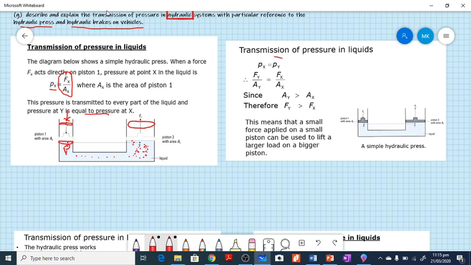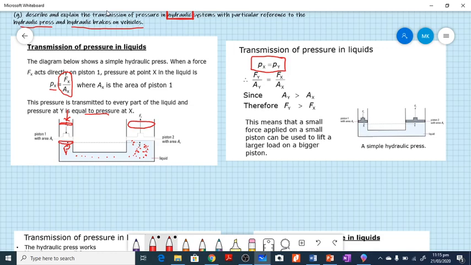As I have already told you, the pressure on the left side of the piston will be equal to the pressure on the right side of the piston. So pressure equals force over area. So this is the formula.